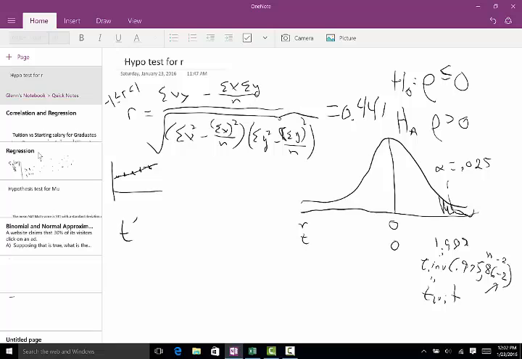As I said, that's t crit. T star now is r over the square root of 1 minus r squared over n minus 2 again. Again, here's that r squared in this formula. R squared was 0.1941. Interestingly, that can be interpreted as a percentage. R kind of looks like a percent. It's always a decimal value, but remember, R can be negative.